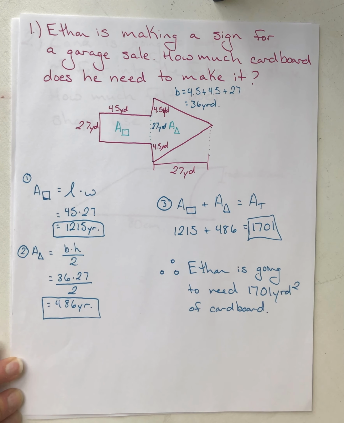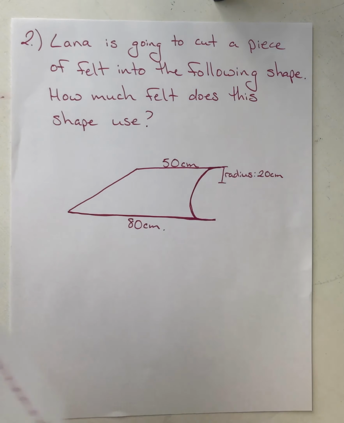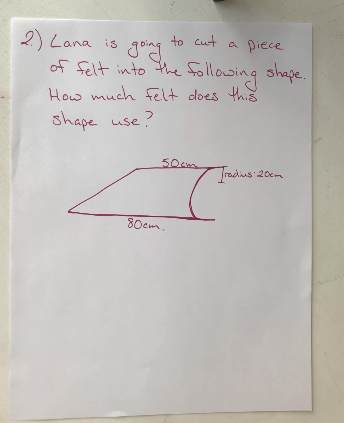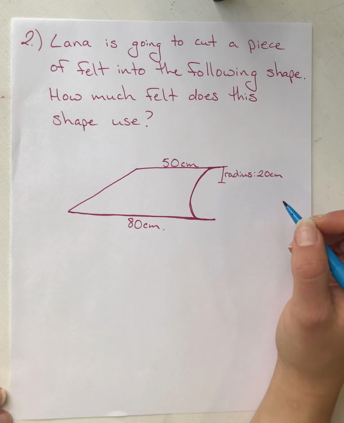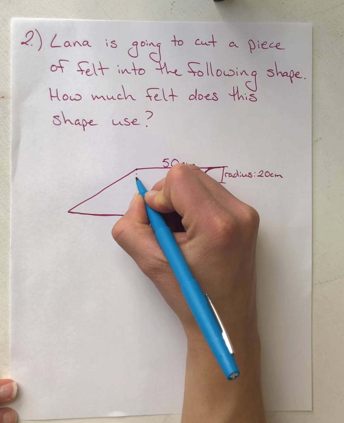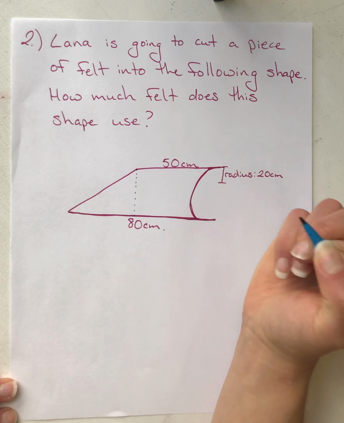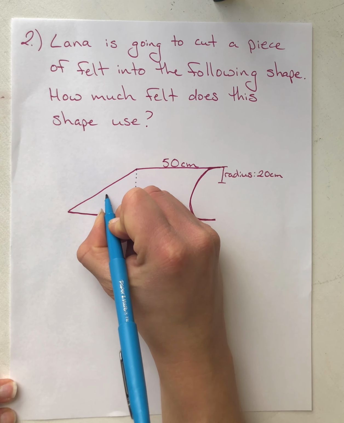Okay, so the second thing we're going to do is take a look at what happens if we're doing the missing information. We're going to take the same steps and set it up into things that we already know, right? So if I cut this down here, we have our triangle here.